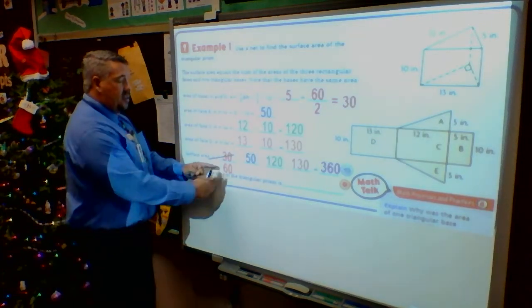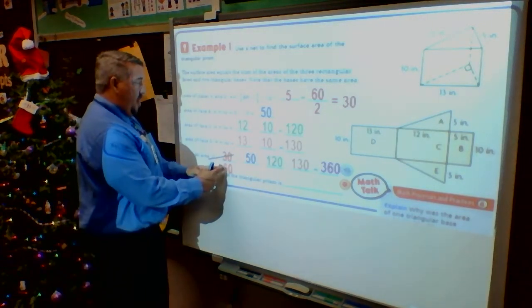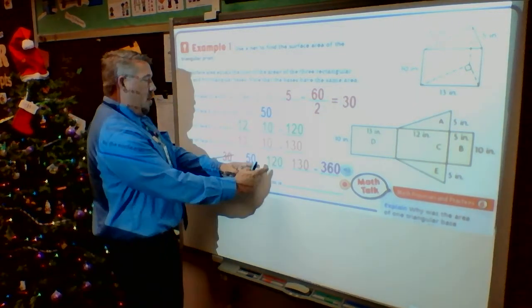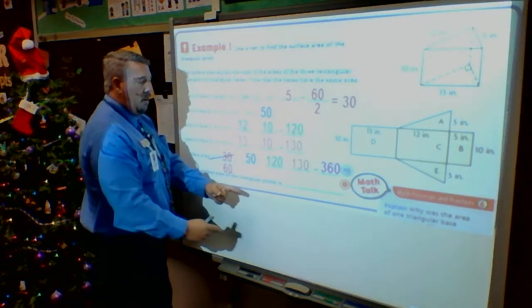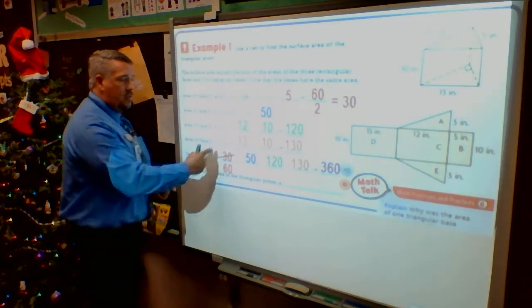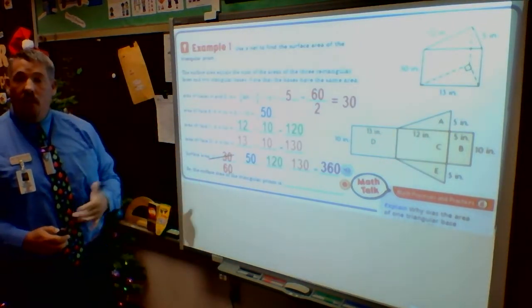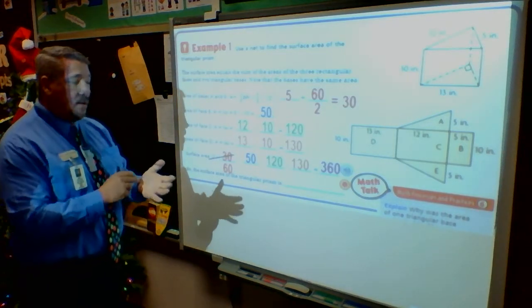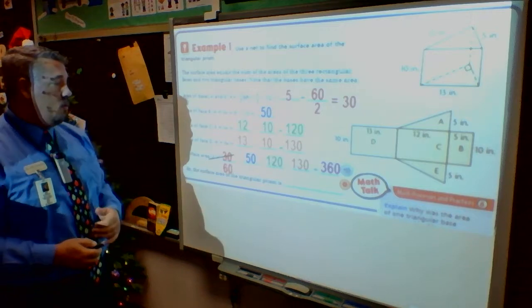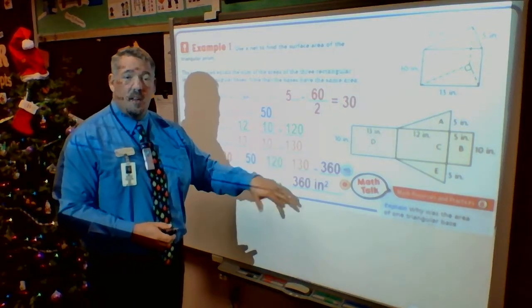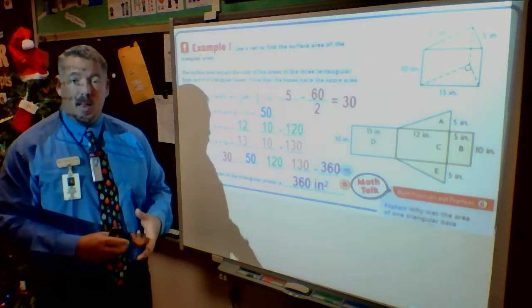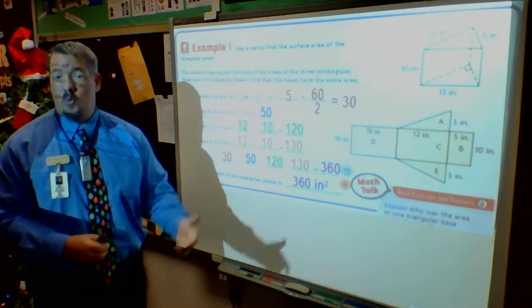I have my 60 for my 2 triangles, and then I have my 50 for rectangle B, my 120 for rectangle C, my 130 for rectangle D. I add those all together, I get 360. Not asking you to do mental math. Handy dandy calculator, type it in, equals, I get 360. And then because it is surface area, and I'm finding area, my label, once again, is always squared.